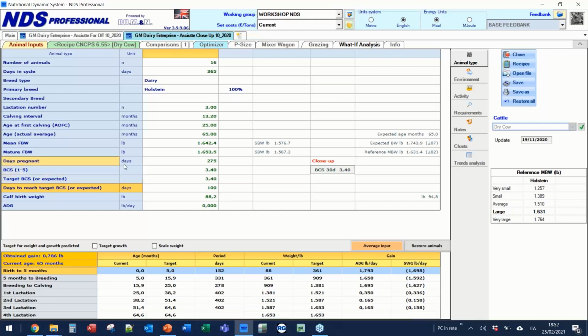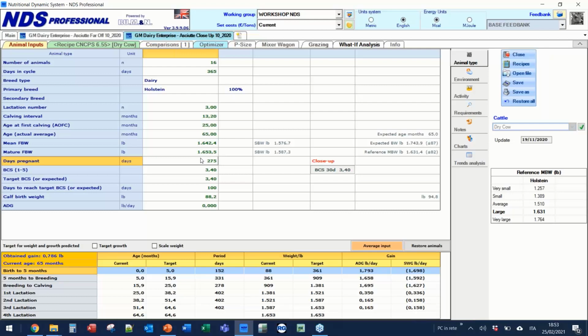First, we need to set days pregnant in the last 21 days of pregnancy in order to make the system aware that we are working with a close-up group.